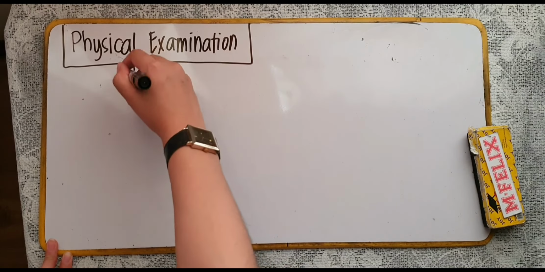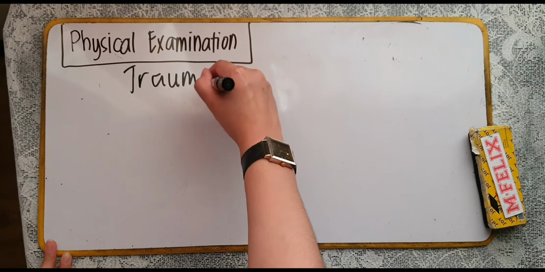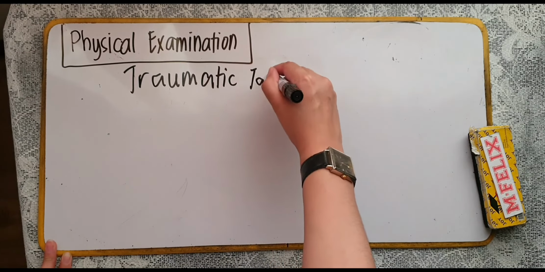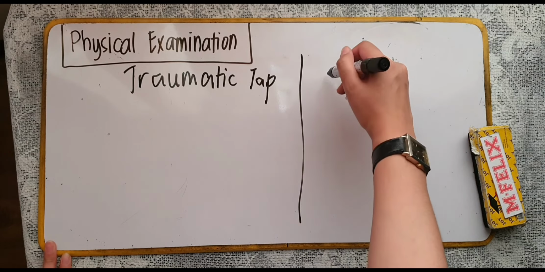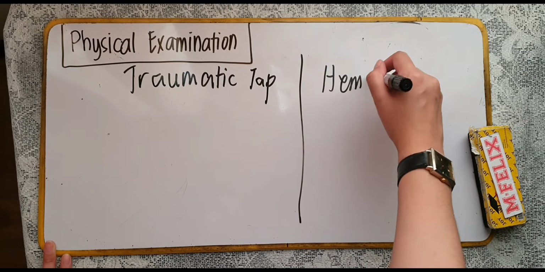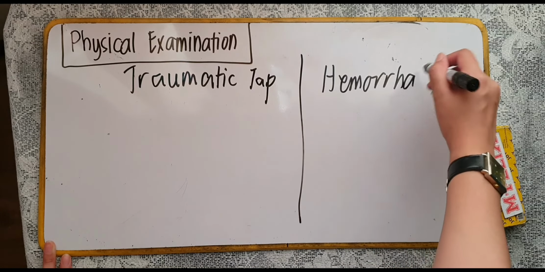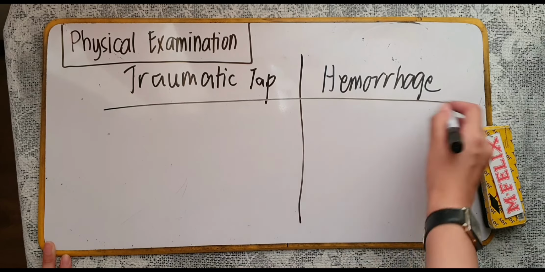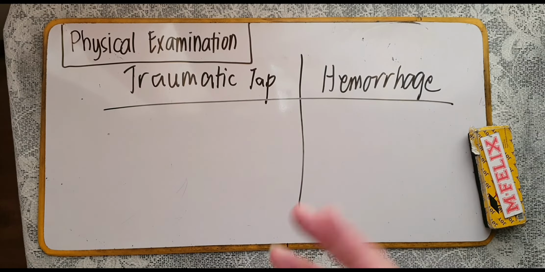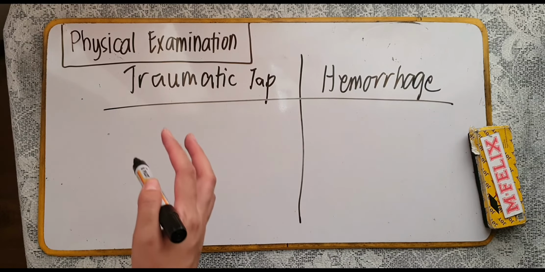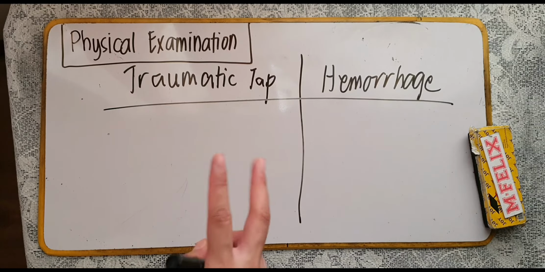Let us differentiate your traumatic tap and a true bleeding. Okay, let's say hemorrhage. Okay. Now, in terms of their distribution class, okay, nasa handout nyo yan, i-fill out nyo na lang.